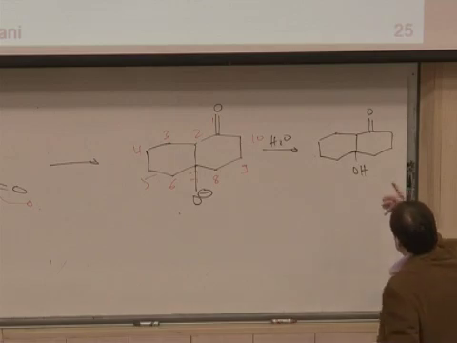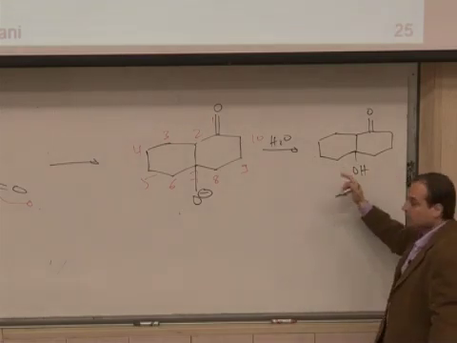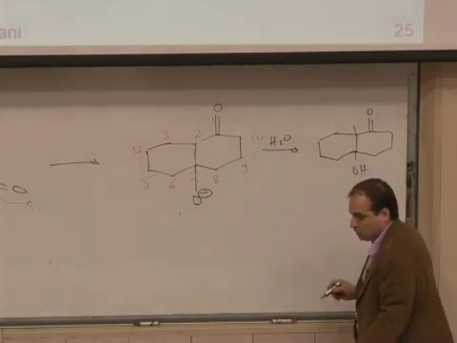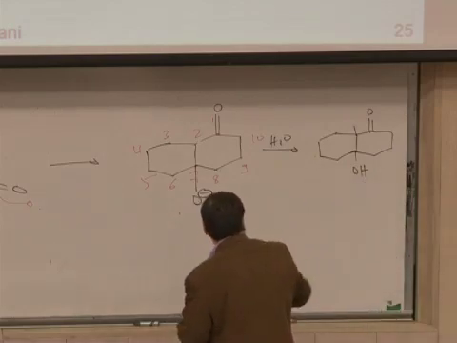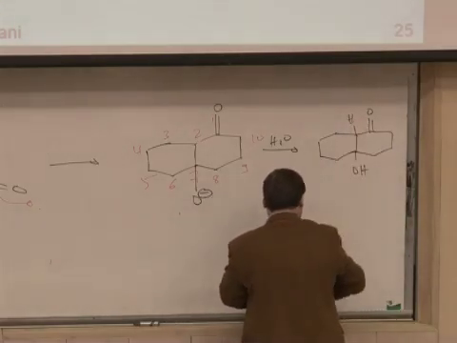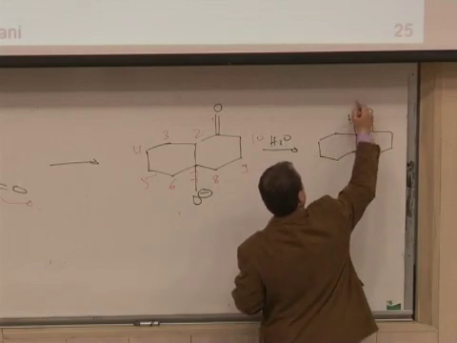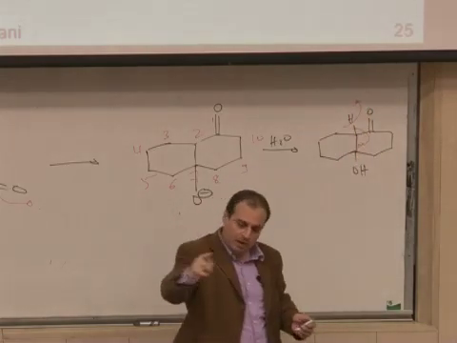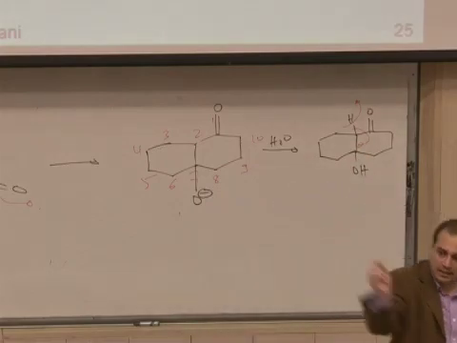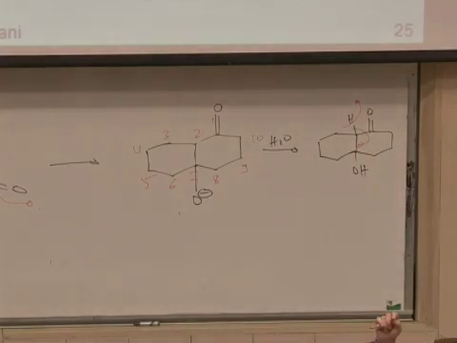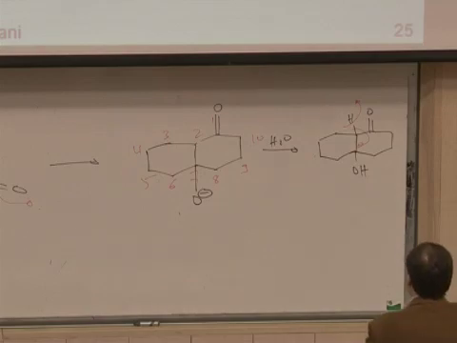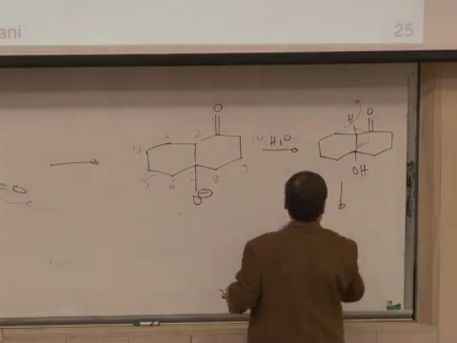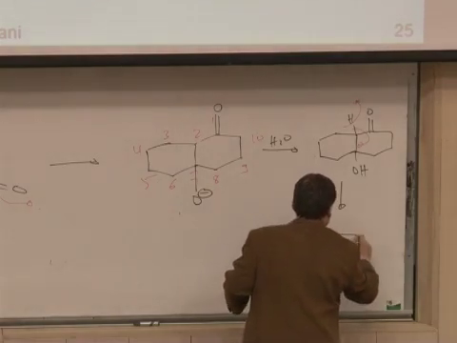I have these hydrogens that are beta, but I have one here that is beta. Which one am I going to eliminate? This one. With heat. Why? Because I will get a double bond that is tetrasubstituted, and it is in conjugation with the carbonyl. So my product is going to be this one.